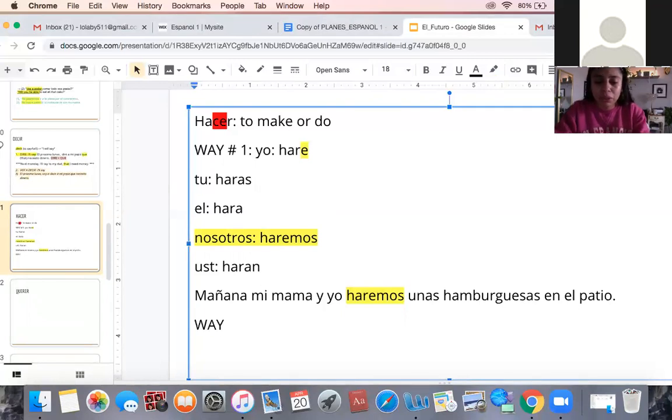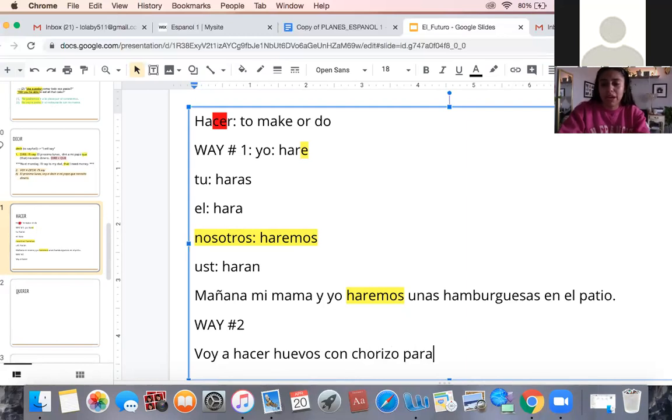And way number 2 is that very easy way that I'd rather have you guys learn, is voy a hacer. Voy a hacer huevos con chorizo para el desayuno.